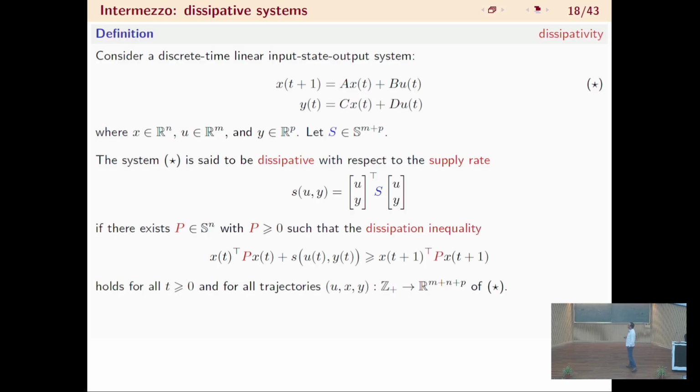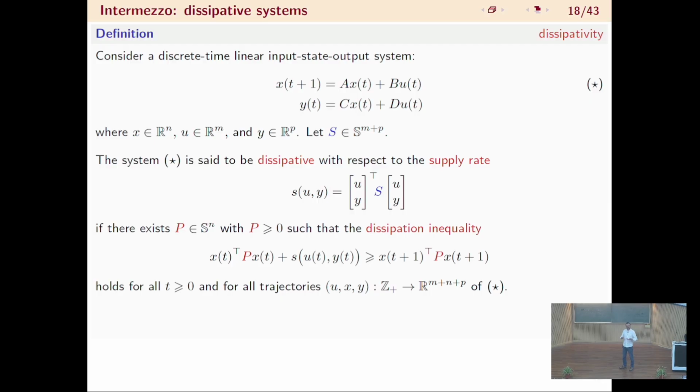Okay. And so basically it says, along all trajectories, I have energy conservation. But in an abstract way. And it is normal because I don't know what this X represents. X may represent certain physical quantity like voltage or current in an electrical circuit, but it may be also charge and flux. I don't know what X is really representing.